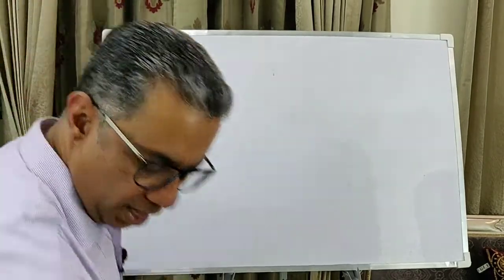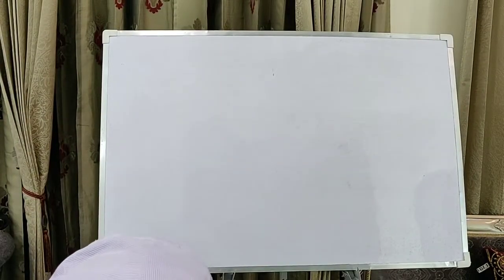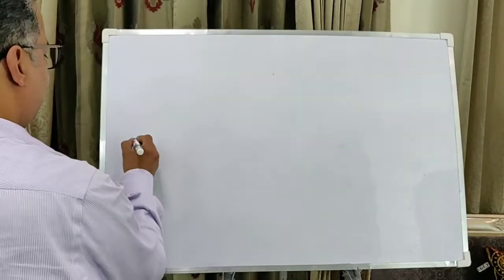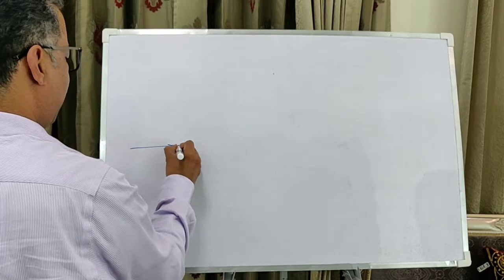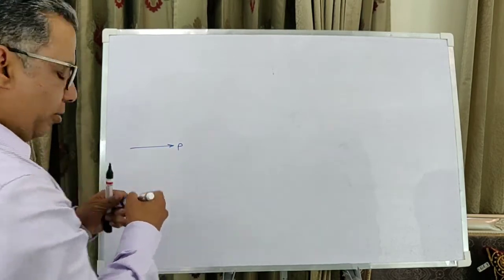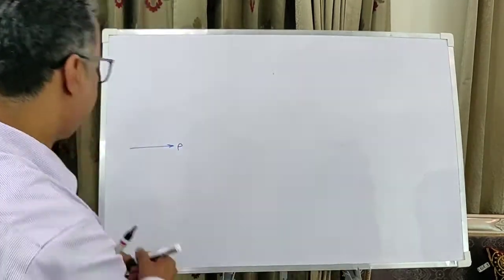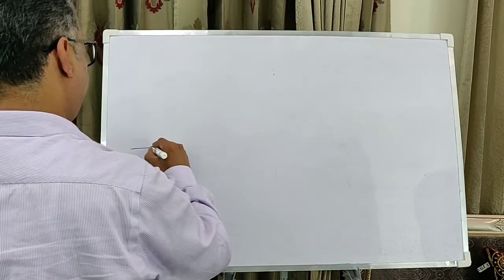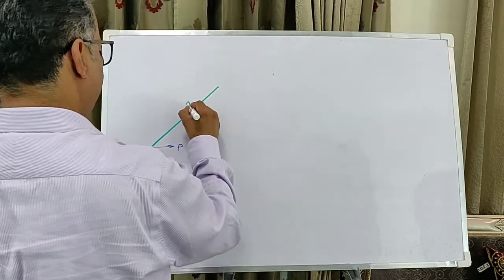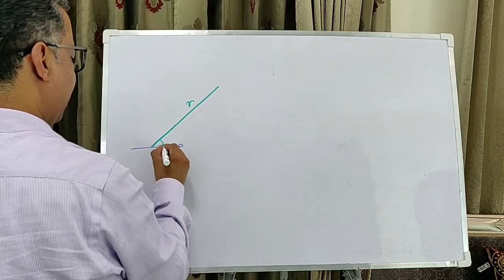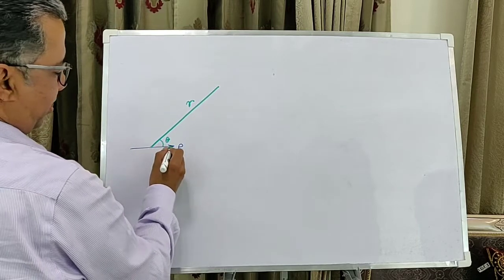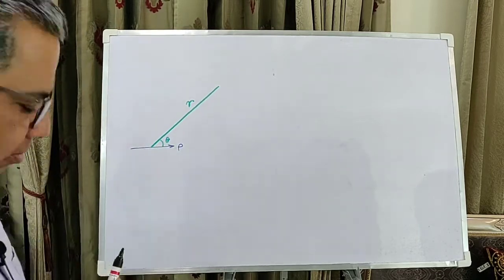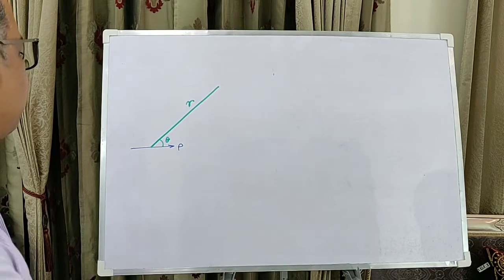Now let's say we have a dipole here, this is the dipole, and we are going to find the electric field at a point distant r from it, and this r vector is at an angle theta with the p vector, p being the dipole moment.